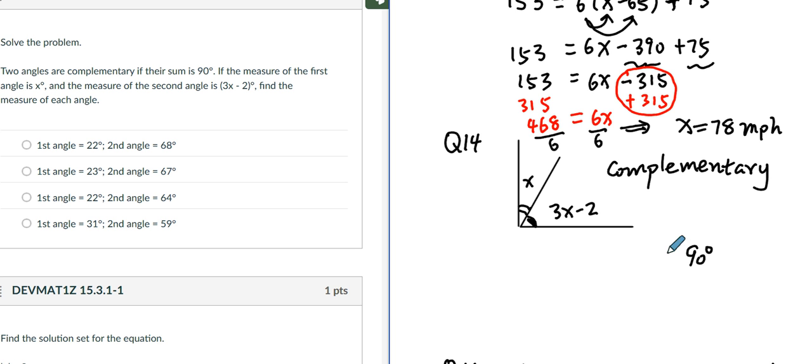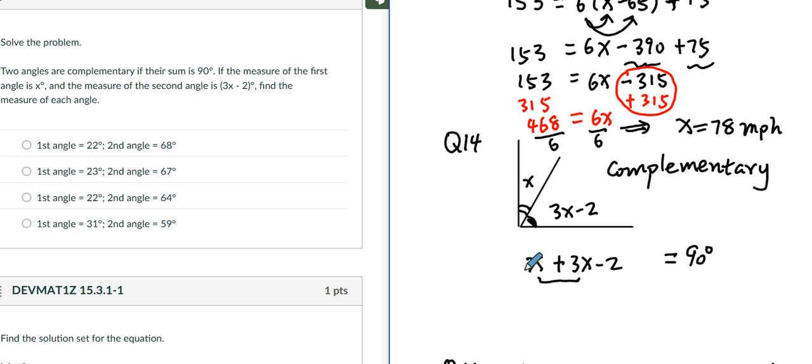Now, if the measure of the first angle is x, and the measure of the second angle is 3x minus 2, that's this angle. So what is the value of the first angle and the second one?